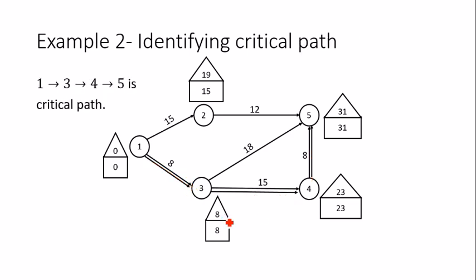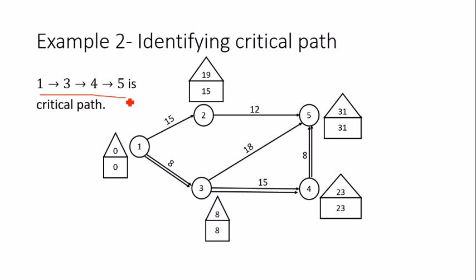So this gives me the critical path. 1 to 3 to 4 to 5 is the critical path. So I have identified the critical path. Why are we interested in the critical path? Because along this path we will be choosing a particular activity to compress, to reduce the duration.